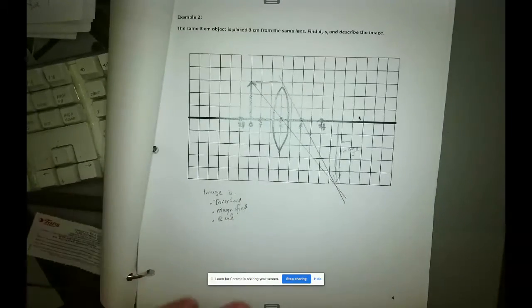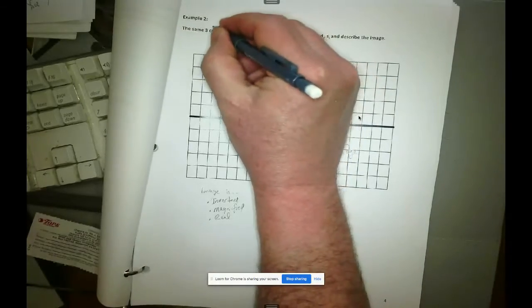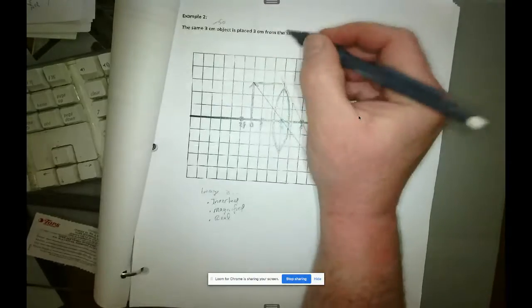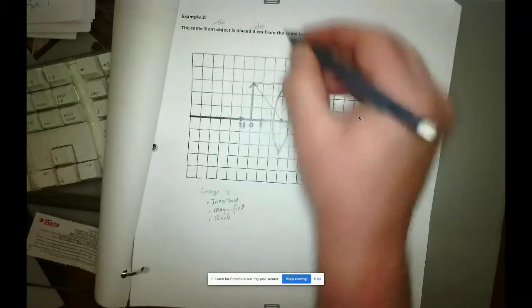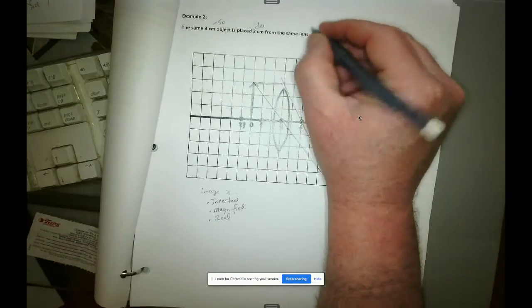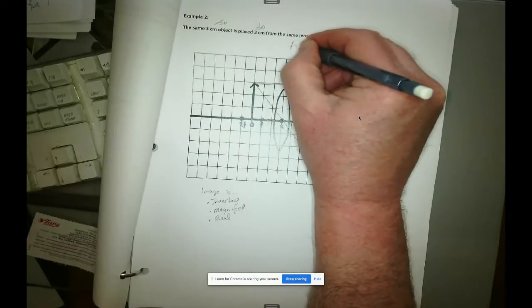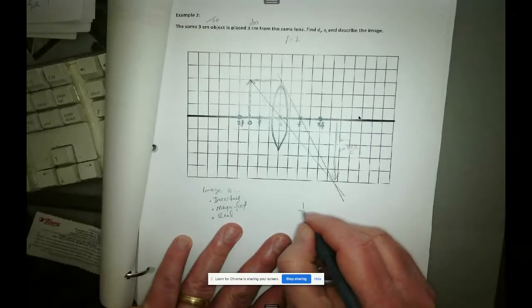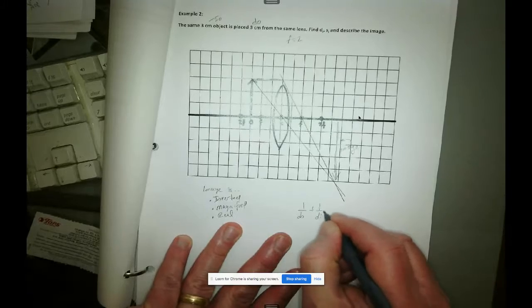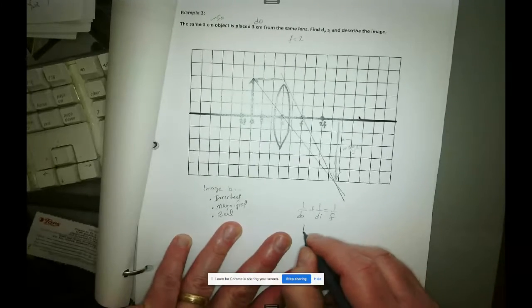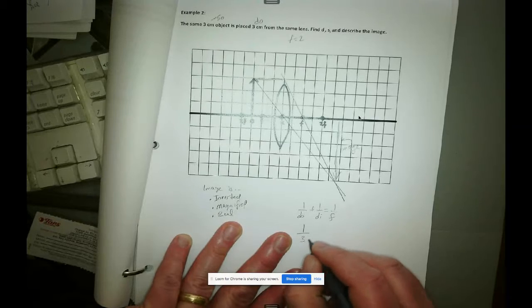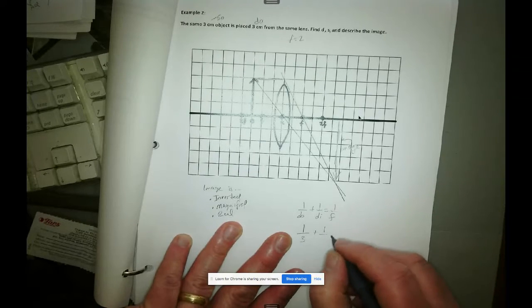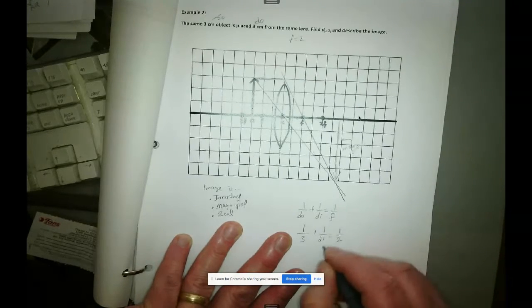And we're going to do this just for each of the examples. So for this one, we have sO over here, size of the object. This is the distance to the object because the object is 3 away. And the same lens, so f equals 2. And we're just going to plug in. So 1 over dO plus 1 over di is 1 over f. 1 over 3 plus 1 over di, which is what we're looking for, is 1 over 2.